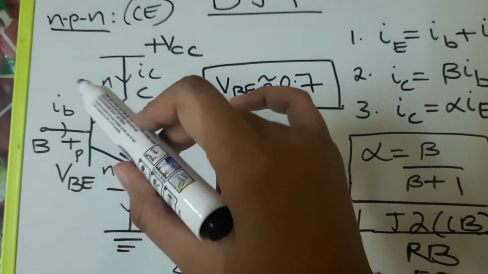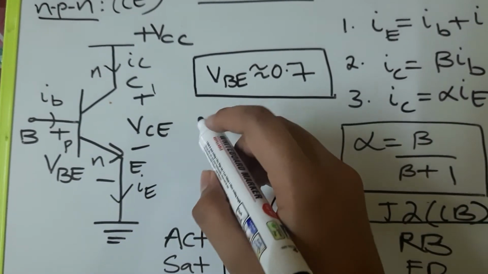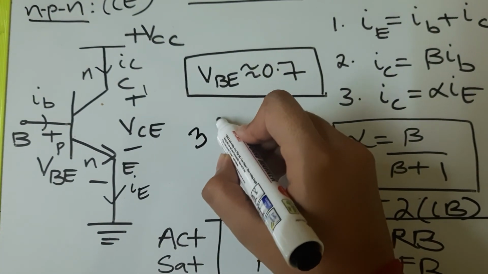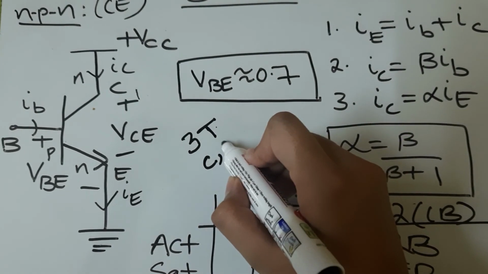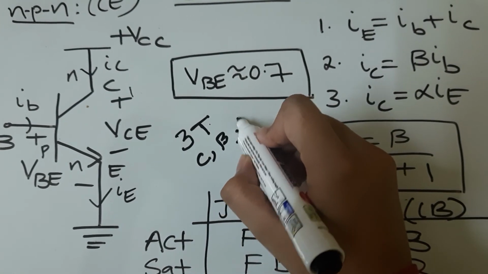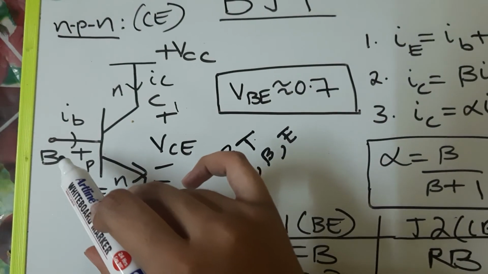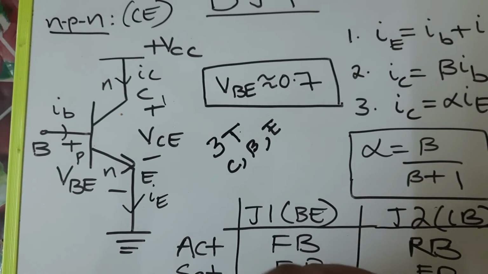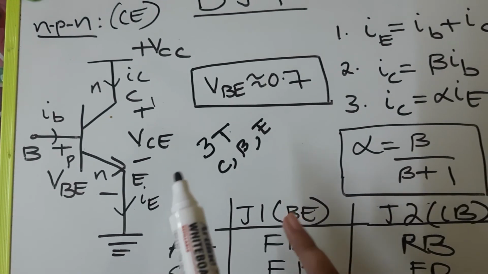So it's basically two diodes connected back to back. Just remember three terminals: the collector, the base, the emitter. Here it is common emitter, which means the emitter is grounded.